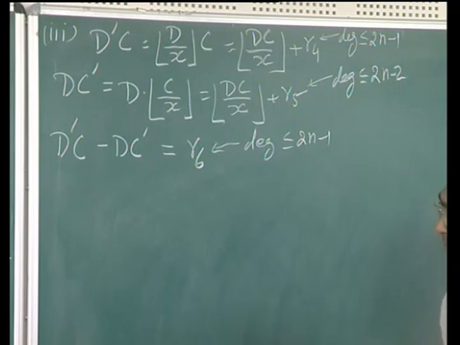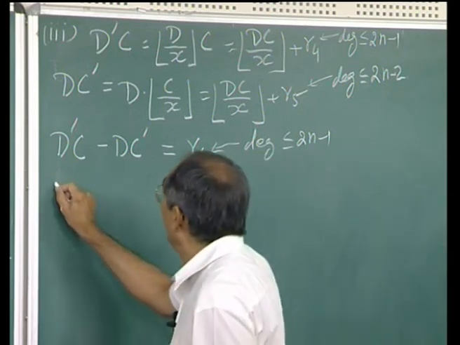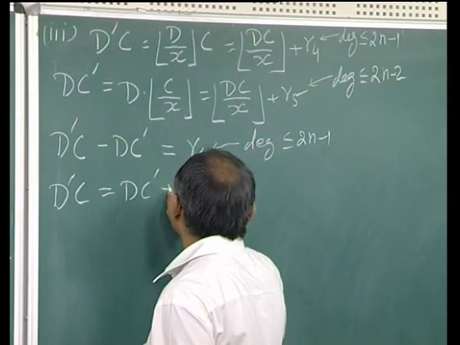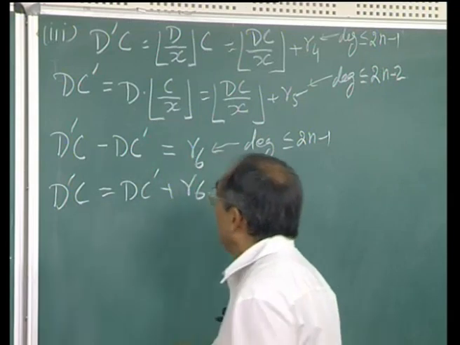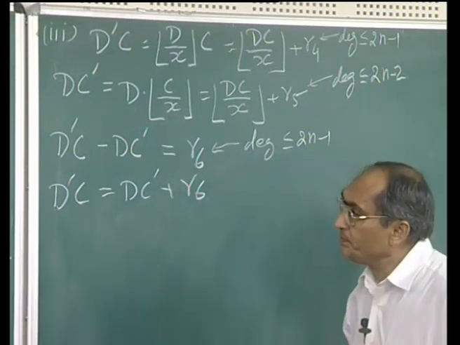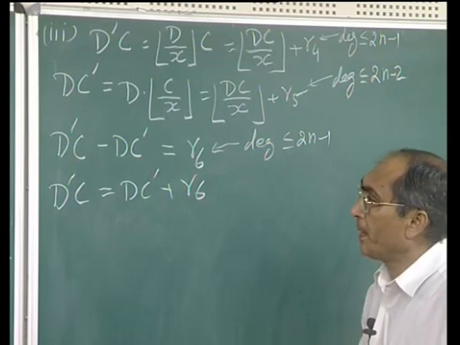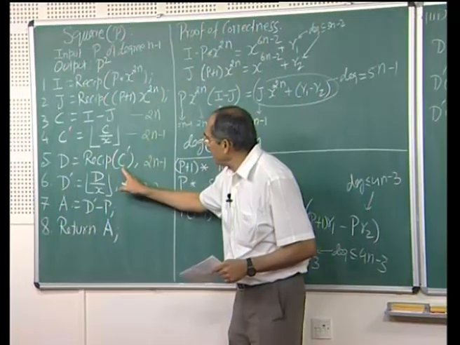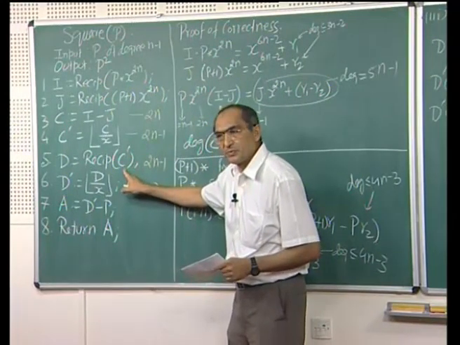Okay. So, let us compute, okay, I will just rewrite this. Let us compute what is DC prime. D happens to be the reciprocal of C prime.